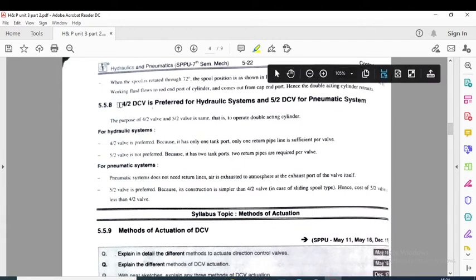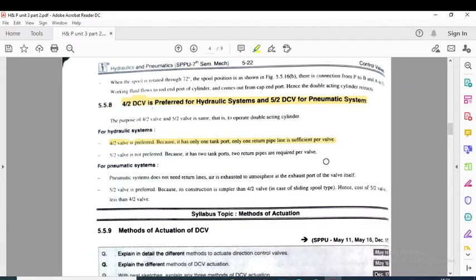Here again, 4/2 is preferred for hydraulic systems and 5/2 is preferred for pneumatic systems. For hydraulic systems 4/2 is preferred because it has only one tank port and one return pipeline is sufficient per valve, and 5/2 is not preferred because it has two tank ports and two return pipes are required per valve. For pneumatic systems, return lines are not needed.